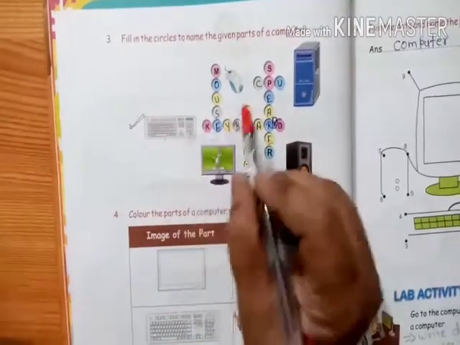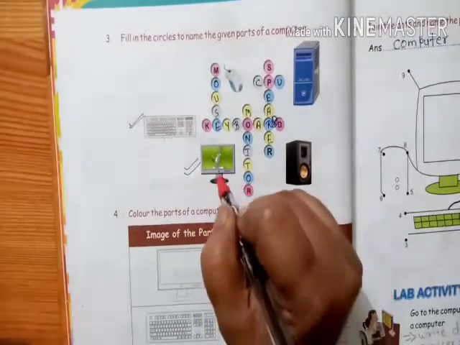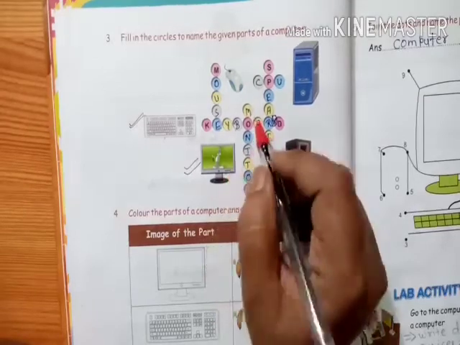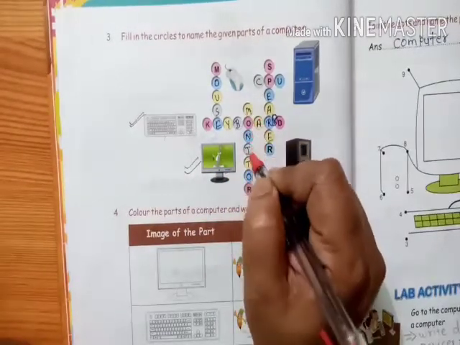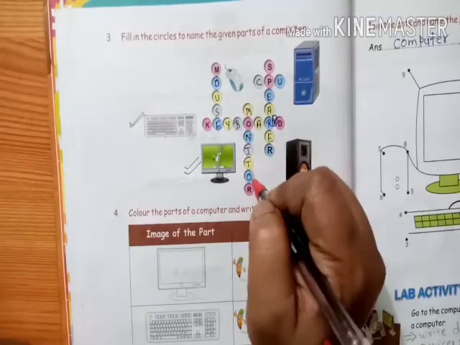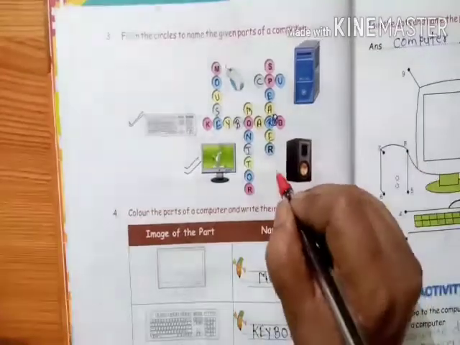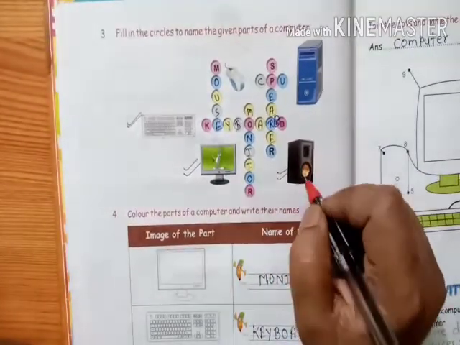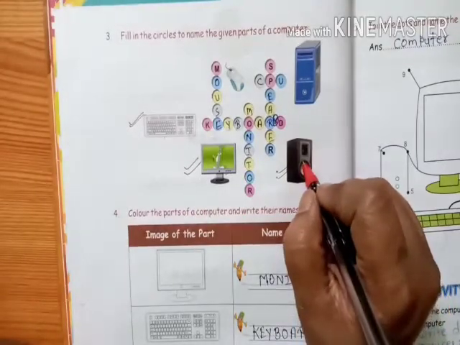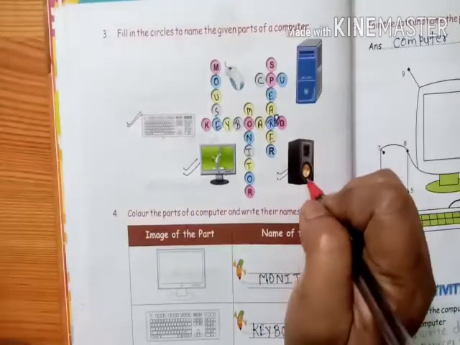Keyboard. The next one, which part of computer is this? It is monitor. So you have to write the monitor, MONITOR, monitor. The next one, which part of computer is this? It is UPS. So you have to write down the UPS.